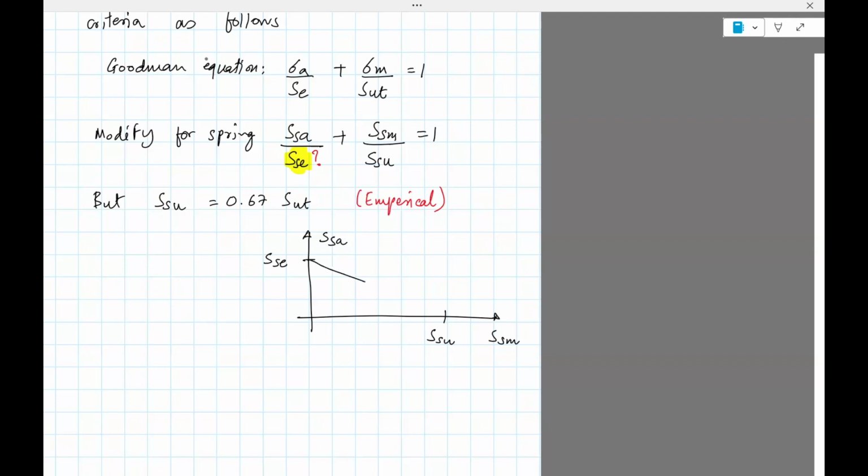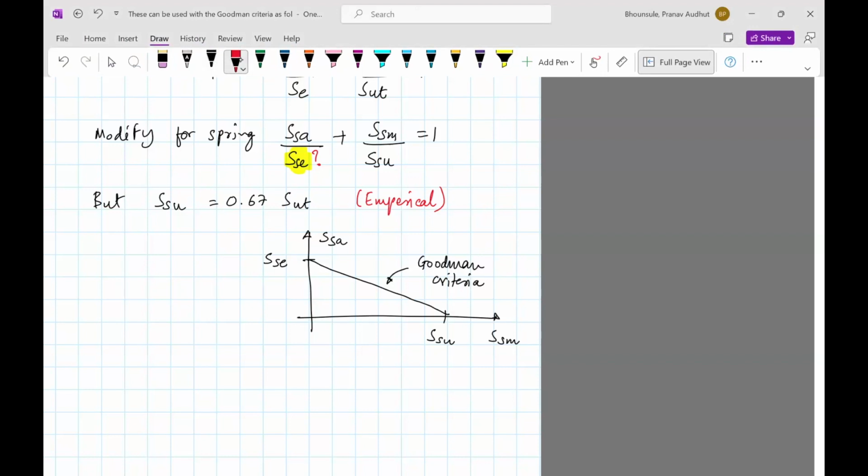So this is our Goodman curve. Now we know from the tests which Zimmerli did that one point on this curve is SSA and SSM.